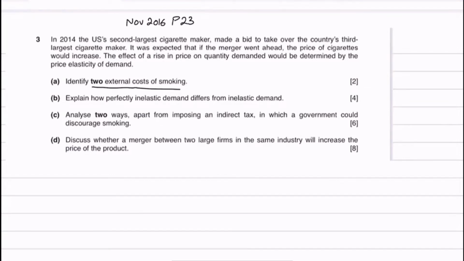You could give that smoking itself causes air pollution to the environment because of the smoke that comes out of the cigarette. So that is also another example of external cost. That is the environmental damage that is being caused, the pollution to the environment, right? And obviously, smoking also results in people dying, and they aren't the only ones who are affected, but others around them are affected as well, and that causes extensive pressure on the healthcare system, right?